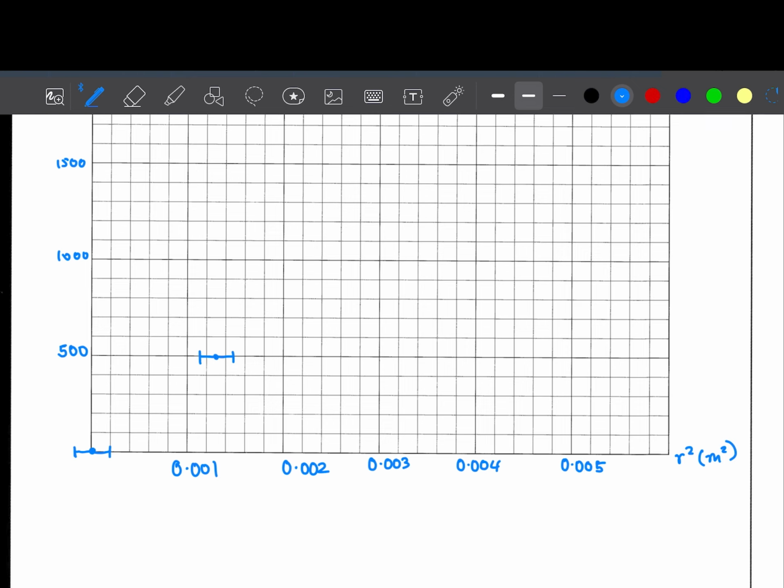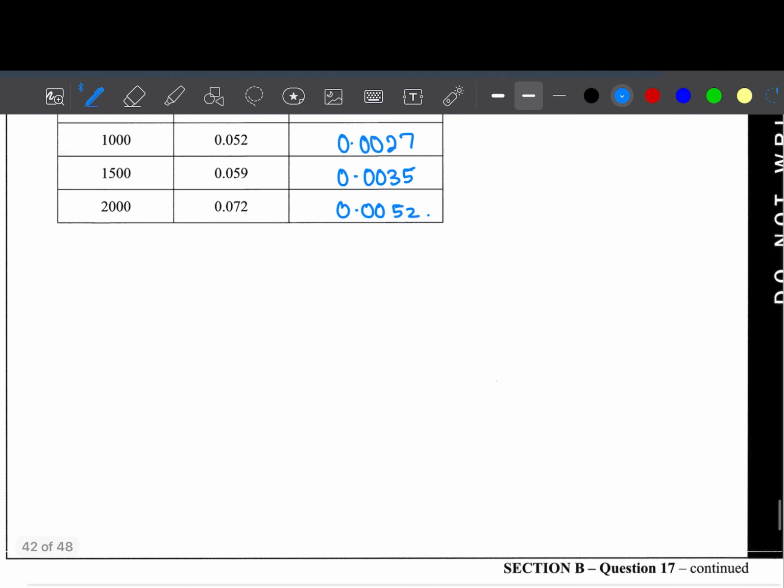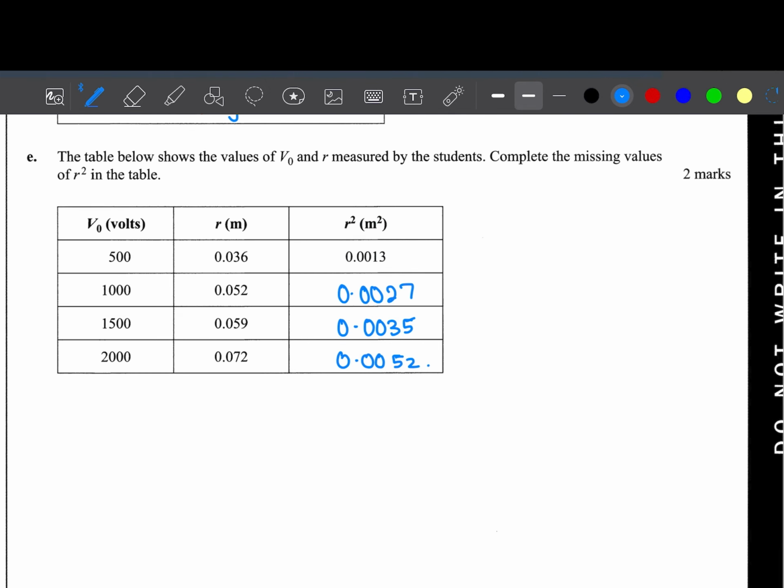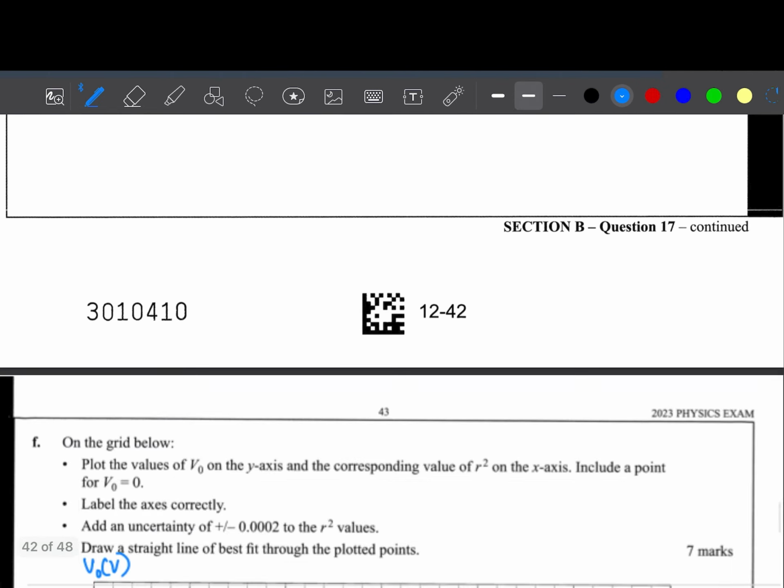And now we have 0.0027 and 1000. So that would be somewhere around here, like that and like that. And what's our next coordinate? 0.0035 and 1500.